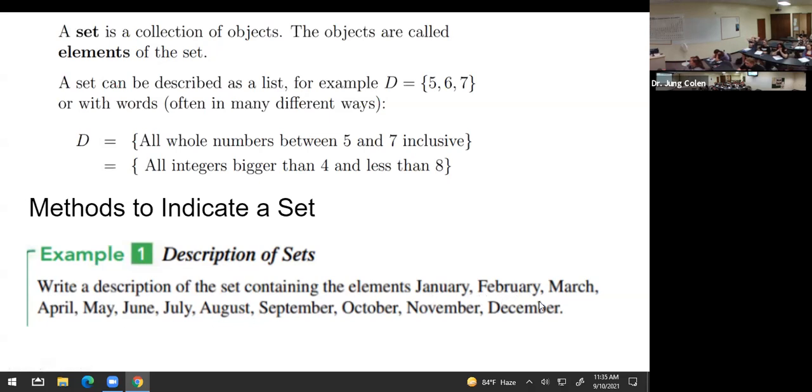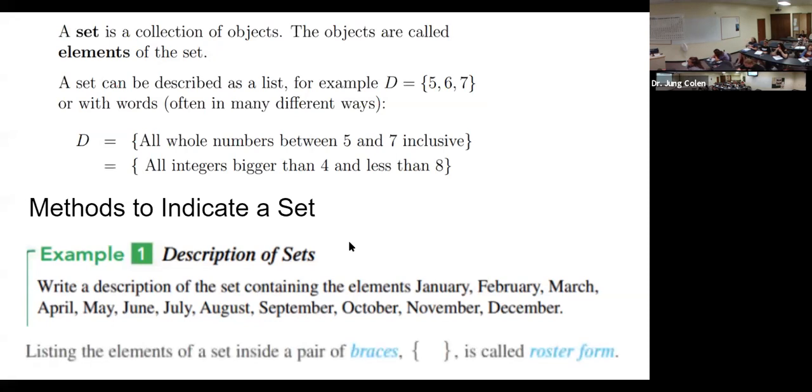How can I describe these elements? Months of the year. So I can just say the set is equal to the months of the year. Then that means you can list all of these months, right? So either way it works. Good. So we put the set in braces.